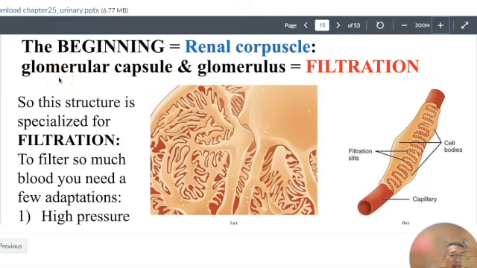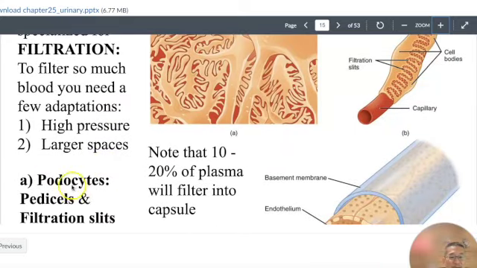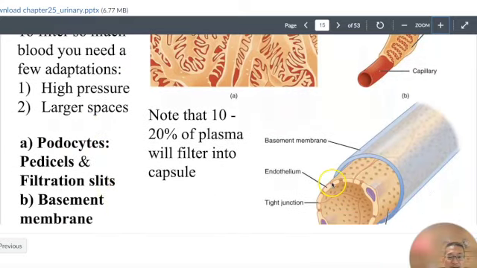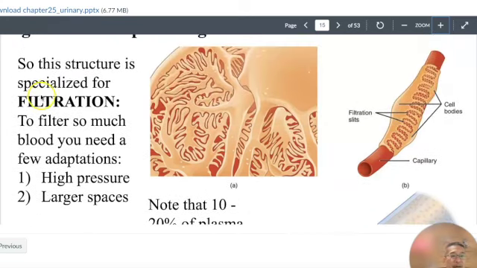The glomerular capsule is surrounded by these things called podocytes. They're like finger-like projections. They've got holes for filtration. So this structure is specialized for filtration.